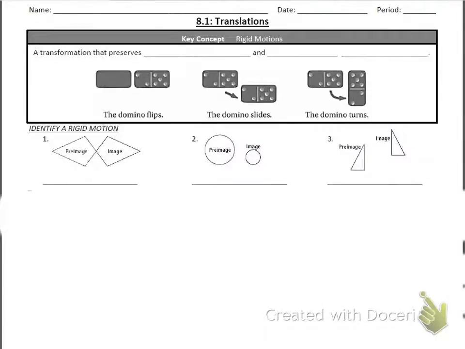Okay, so when we are talking about transformations for you guys, we are only going to talk about what we refer to as rigid motions. So the first key concept for you guys is rigid motion. Rigid motion means a transformation that preserves distance and angle measure.